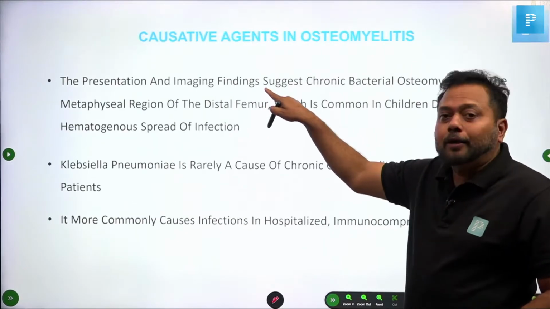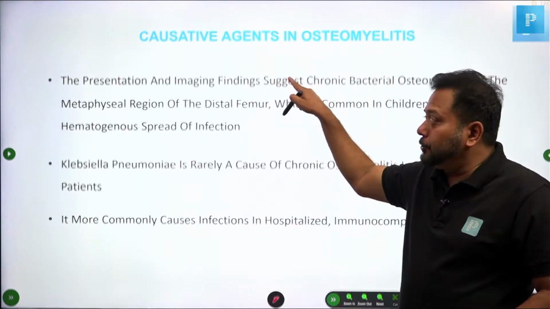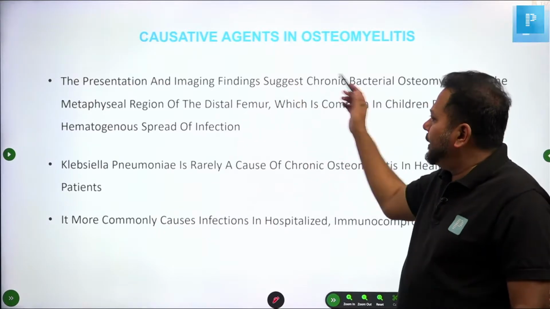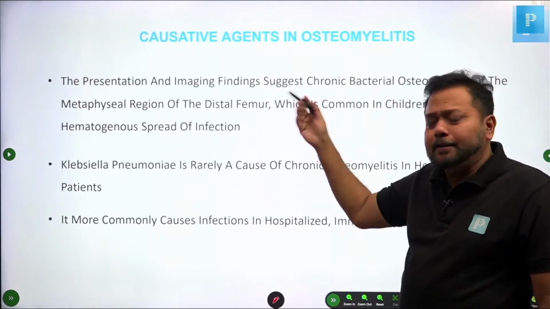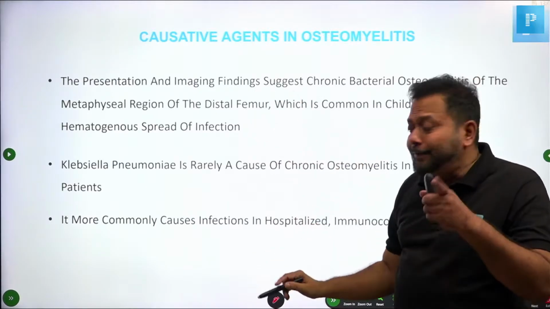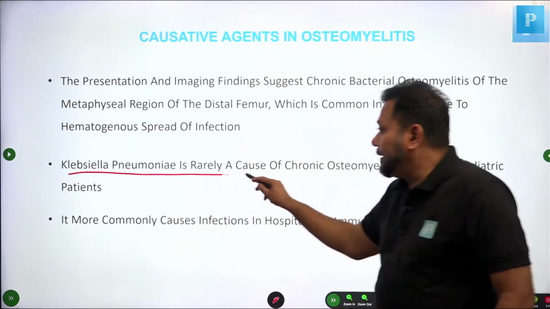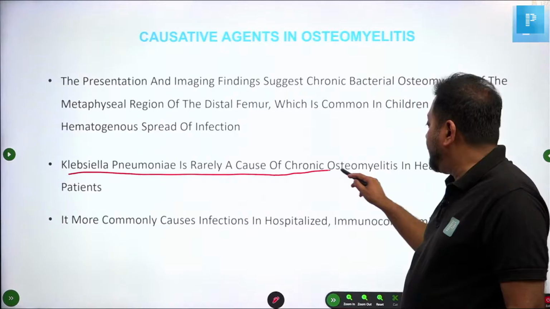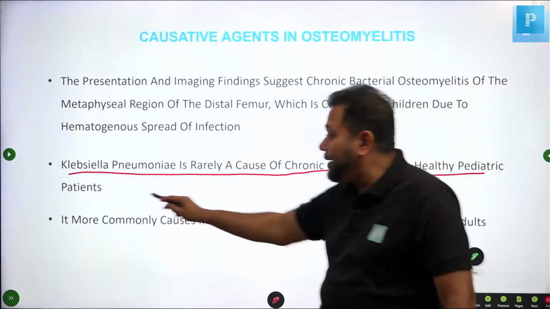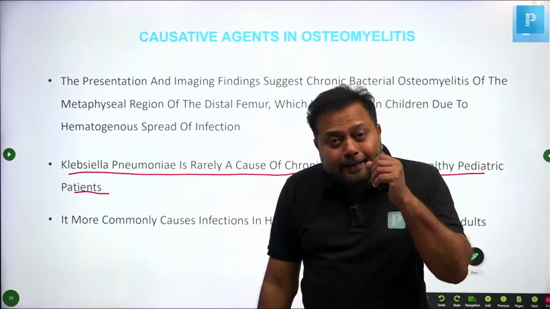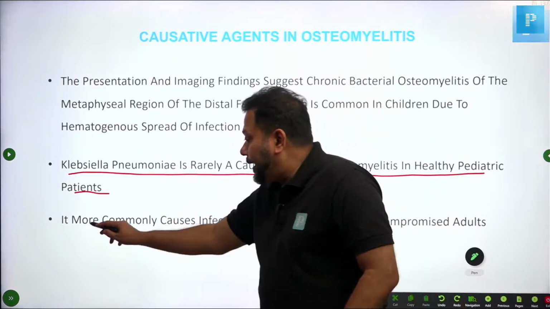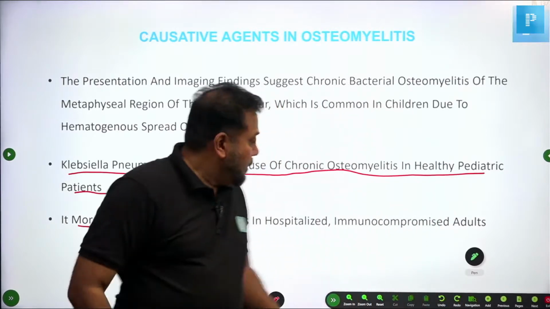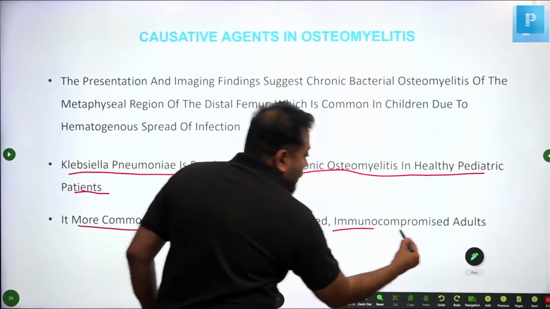The presentation and imaging are consistent with chronic osteomyelitis, and the common spread is hematogenous. Klebsiella pneumoniae is rarely a cause of chronic osteomyelitis in a healthy pediatric patient. Klebsiella osteomyelitis is more common in hospitalized, immunocompromised adults.